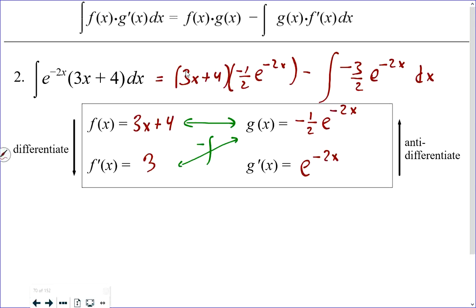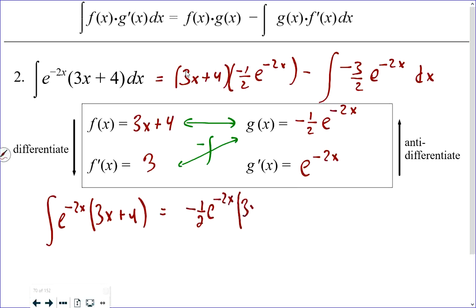I'm going to rewrite this. The first term, I'm just going to write it as negative 1/2 e to the negative 2x times 3x plus 4. For some reason, I just think it looks cleaner that way. You're not going to multiply that negative 1/2 into the 3x plus 4 or anything. You just leave it. And then this becomes plus 3/2 times the integral of e to the negative 2x dx.